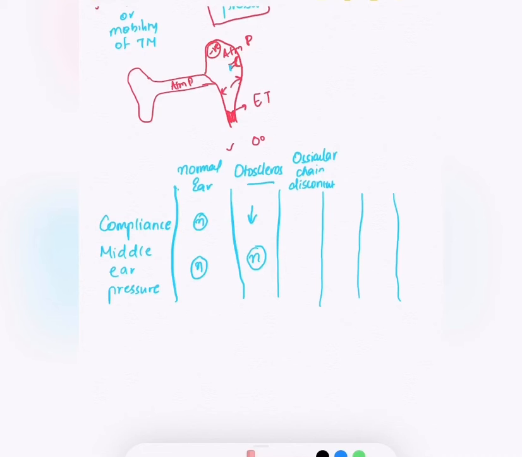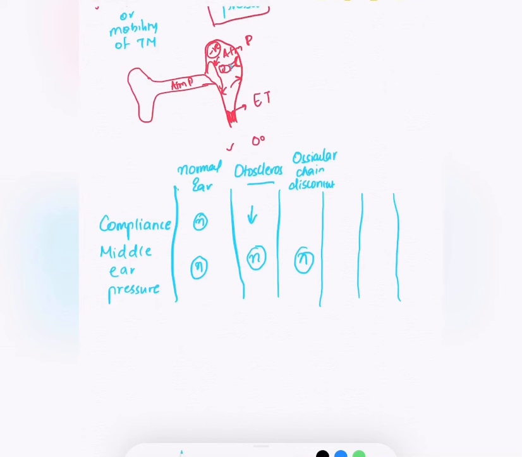Okay, and now you get something like this. So this is discontinuous ossicles. Fine. So now what will happen? The continuity is broken here, as you can see. Fine. So basically there is no problem in the middle ear pressure. So obviously the middle ear pressure would be normal, but the compliance would be increased.